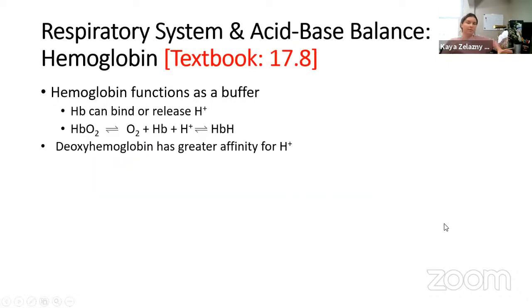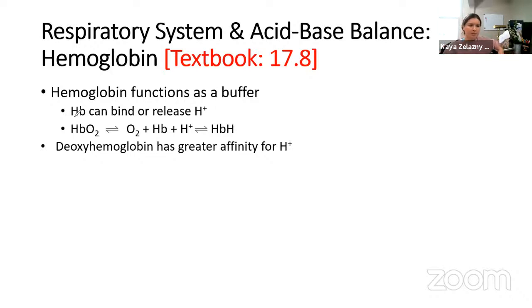So we have a number of different mechanisms that allow the body to balance out the pH, to stay in that tightly regulated range, right, to do homeostasis. So one of the ways that we can balance out disturbances to the acid-base balance, disturbances to the pH, is using hemoglobin. So hemoglobin acts as a buffer in our body.